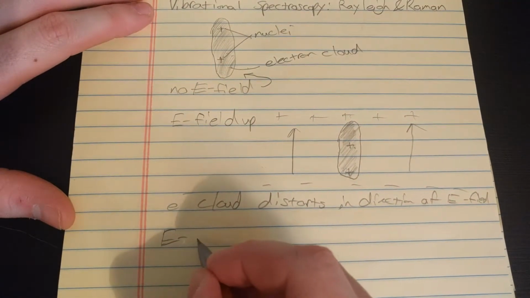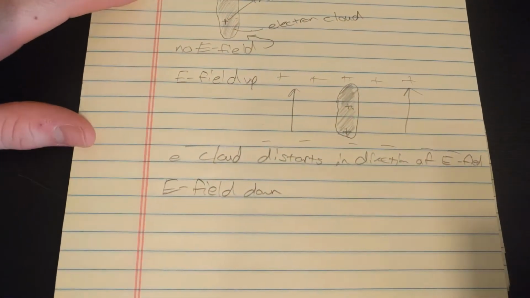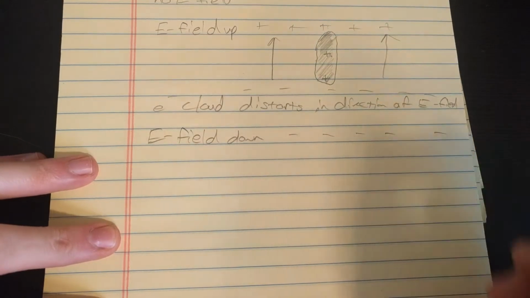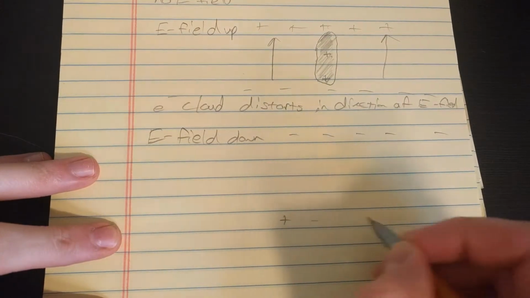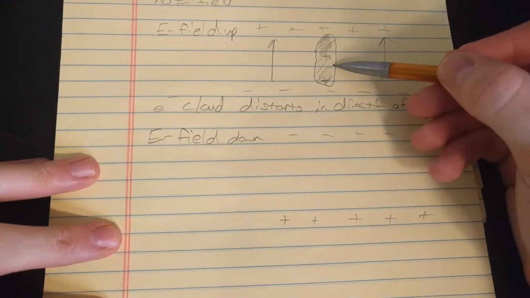Now let's point the E field down. Well, what's going to happen? Okay, it's like you got a bunch of minus charges up here, a bunch of plus charges down here. Well, it's just going to be the opposite of this.